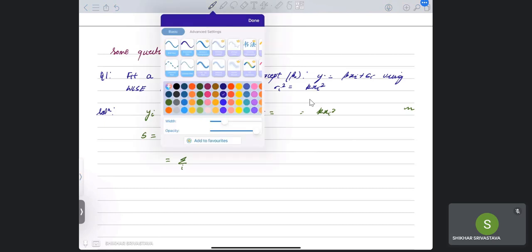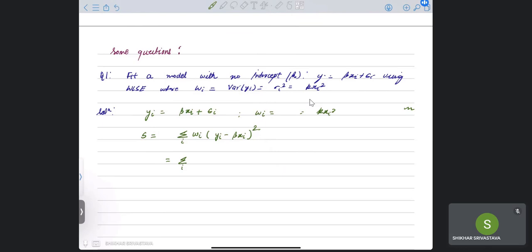So now your weight is equal to 1 upon sigma i square, so it will be equal to 1 upon k xi square. You substitute this in the equation, so you get the sum of 1 upon k xi square times (yi minus beta xi) whole square.